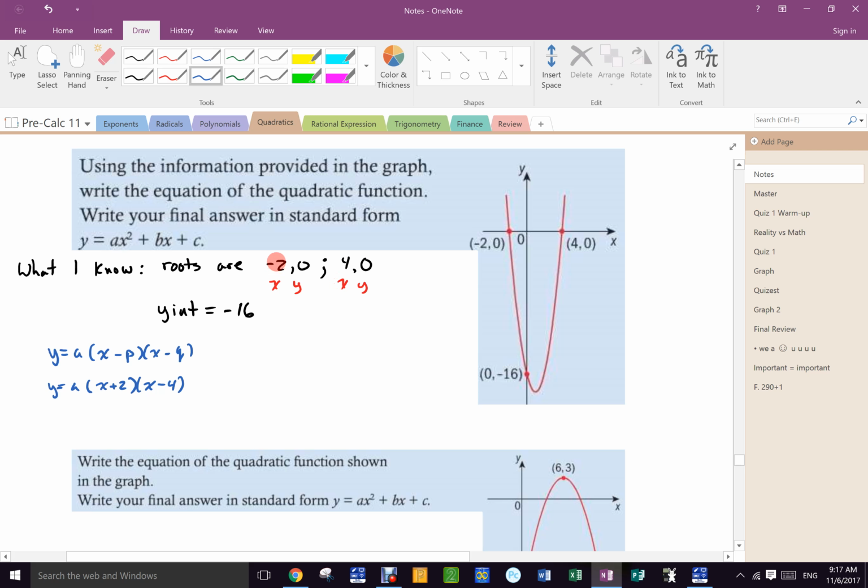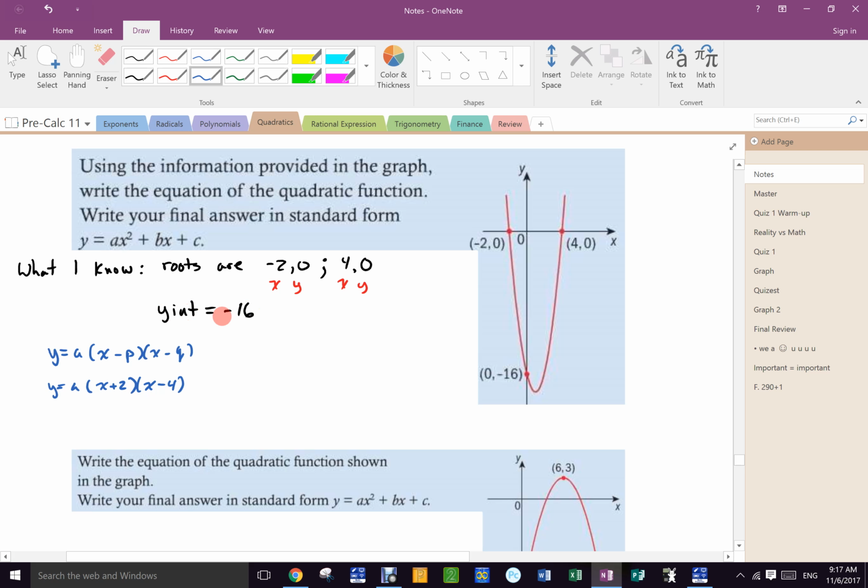If I put that x in here, what am I going to get on this side? What is -2 plus 2? What is 0 times anything else? What is 0 times a? 0. So can I use that one? No. What happens if I use that one? What's 4 minus 4? Times anything? So these are useless to me now. They won't let me find a, will they?